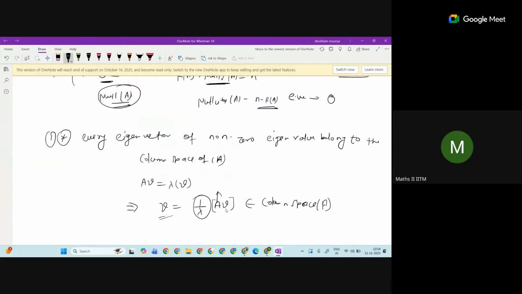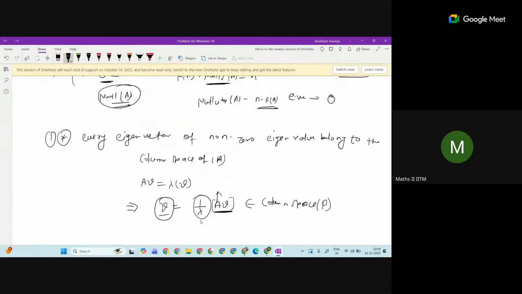It looks like you have v on both sides, but this is one element of the column space, just scaled. This 1 by lambda is just scaling of one element of the column space.